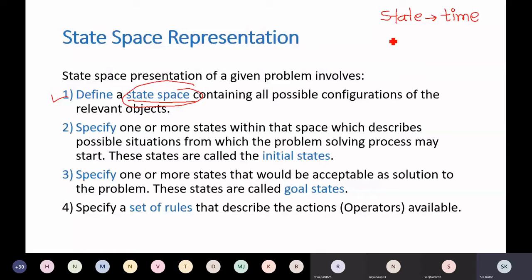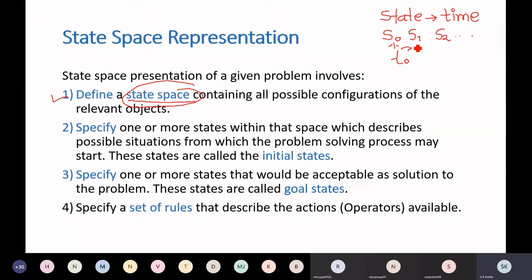For example, if I call one of the states S0, then another state is S1, S2 and so on. S0, for example, might be your initial state. Your problem solving process will start at time t0 and the state will be S0.